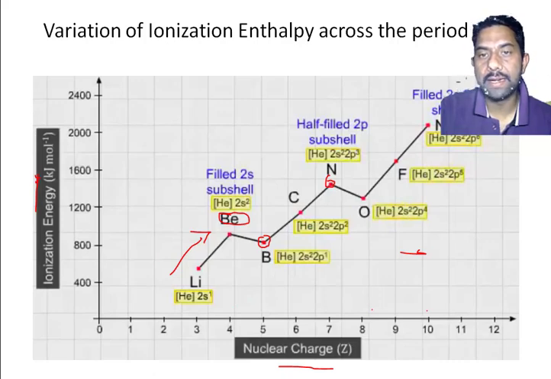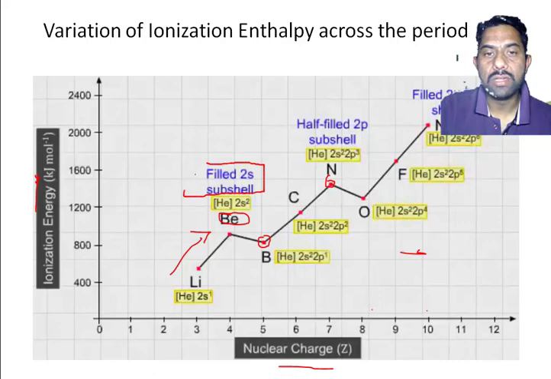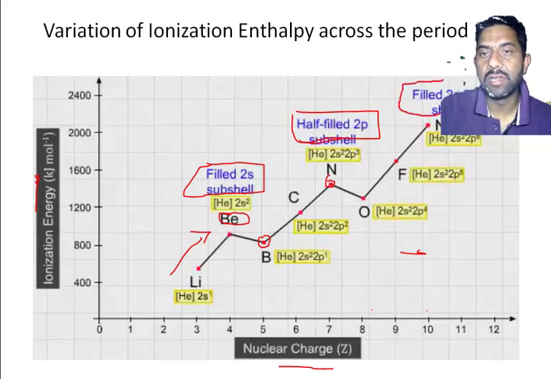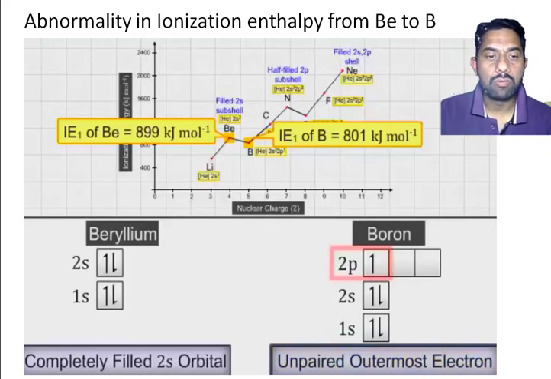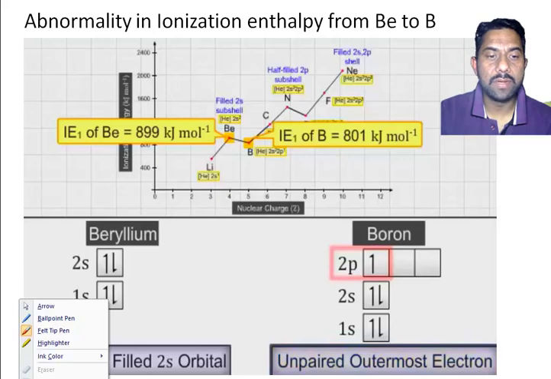But in general, the ionization enthalpy value goes on increasing. As we can see, for beryllium, the 2s subshell is filled. For nitrogen, a half filled 2p subshell is there, and for neon, a fully filled subshell is there. Now, how to explain that anomalous behavior?